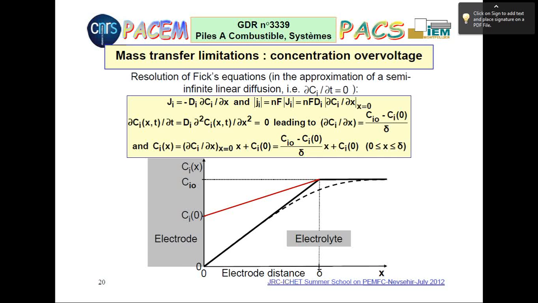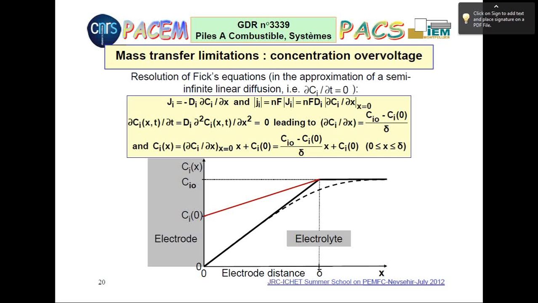Okay, so it works. And then you can see that you can reach a limiting current or limiting current density, because when you consume all the species arriving at the electrode surface, the surface concentration Cy of 0 goes to 0, that's the limit, and then you have the maximum slope, the maximum gradient, so the maximum rate of transfer.